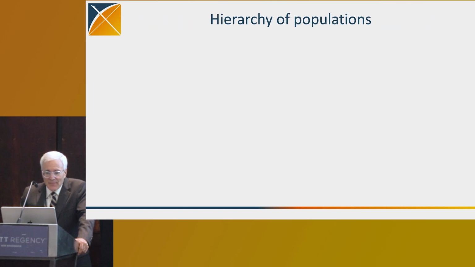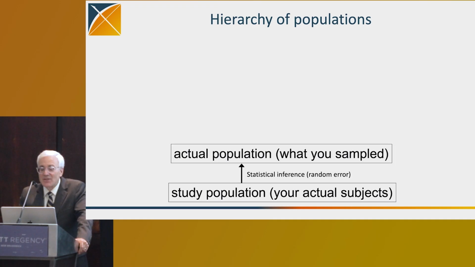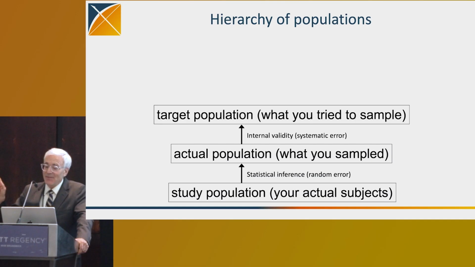So there's the study population of your actual subjects that went into your equations. Then through statistical inference, we draw conclusions about the population that you sampled, who you were drawing from when you created that sample. That's different from the target population, the people you were hoping to sample.